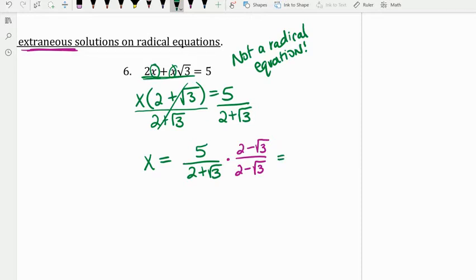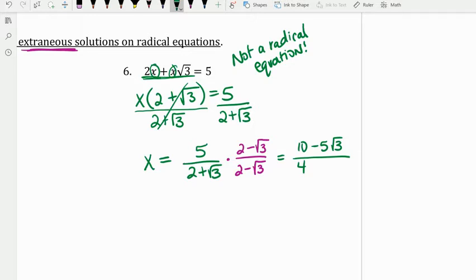So on the top, I would get 10 minus 5 radical 3 when I multiply. On the bottom, remember these are conjugates, so those middle terms are going to cross out. But then I'll get 2 times 2 is 4. I'd get minus 2 radical 3 and then plus 2 radical 3, but those two terms are going to cancel out.